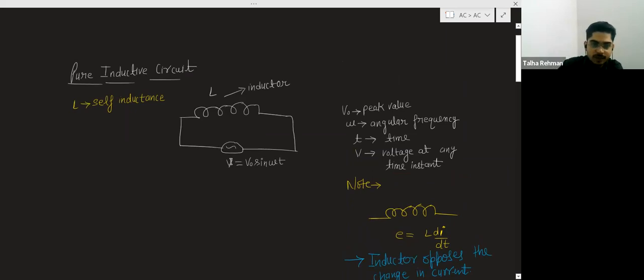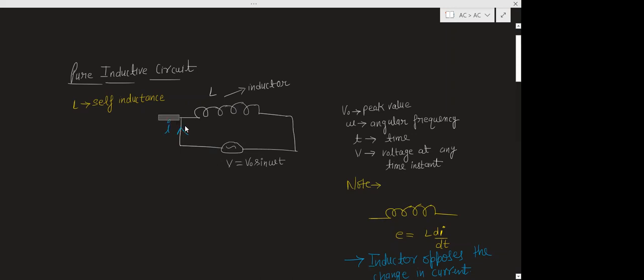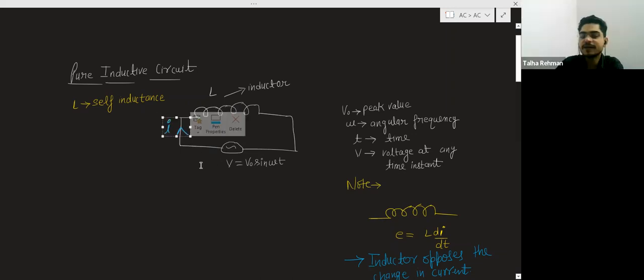And alternating current is always changing. Alternating current is a current changing with time. So there is an inductor. Due to this source of voltage, there will be current in the circuit. Suppose I is the current in the circuit at any instant of time. This is alternating current, which means the current is changing with respect to time.